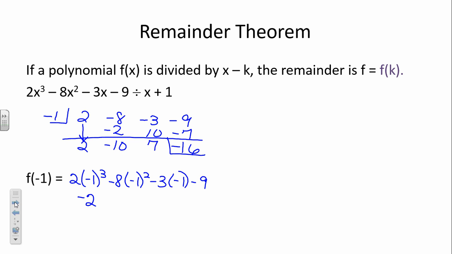Negative 8 times, well, what's negative 1 squared? 1. 1 times negative 8. Negative 3 times negative 1. So negative 2 and negative 8 gets us negative 10 plus 3 is negative 7. Negative 7 minus 9 is negative 16.